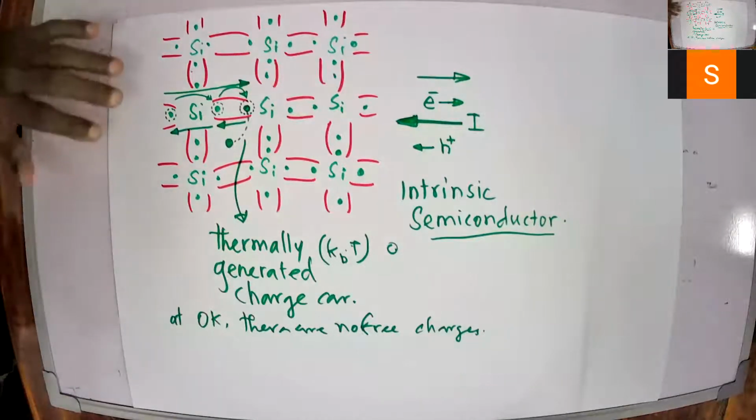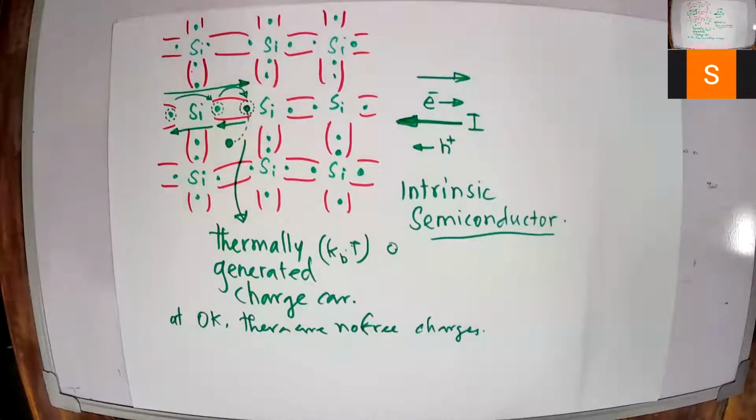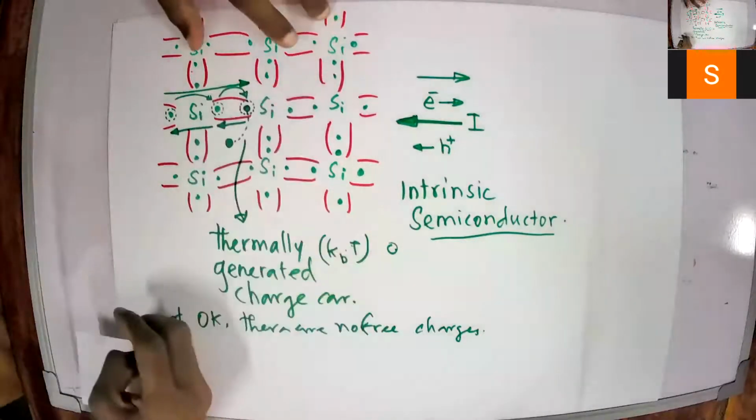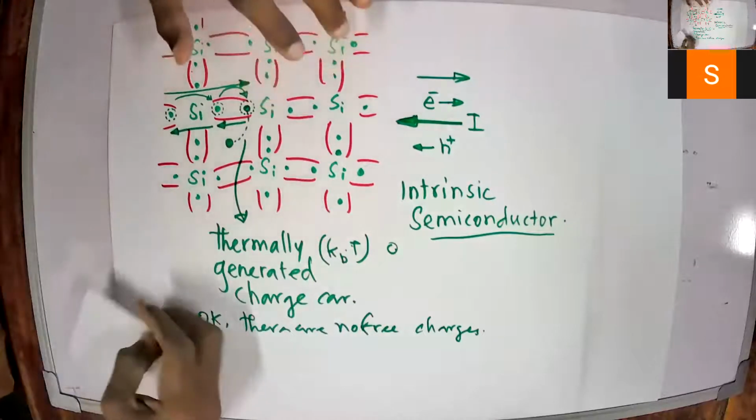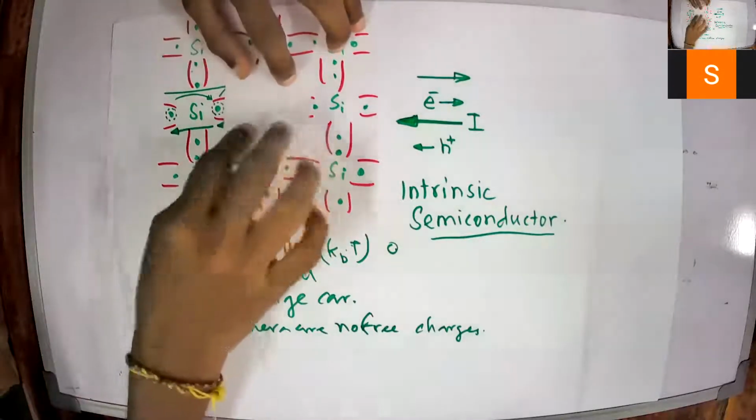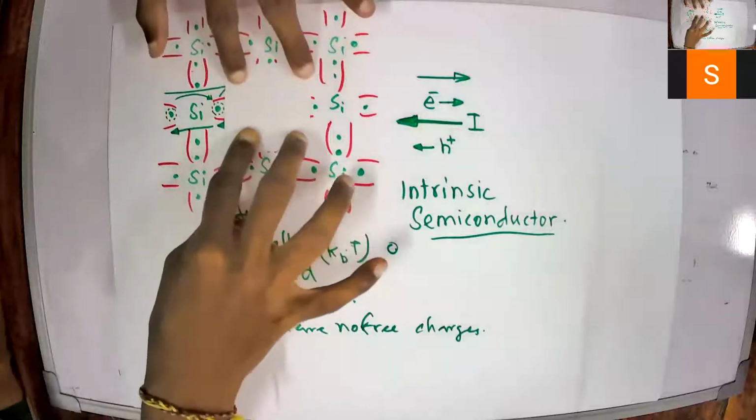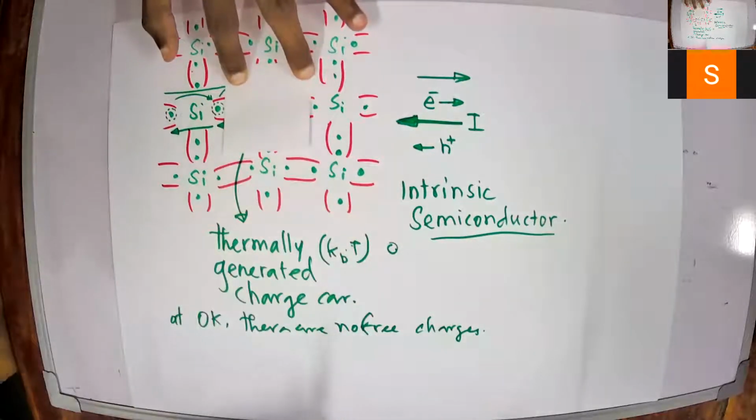Now assume that instead of the silicon in the middle, we substitute a 3rd group element.